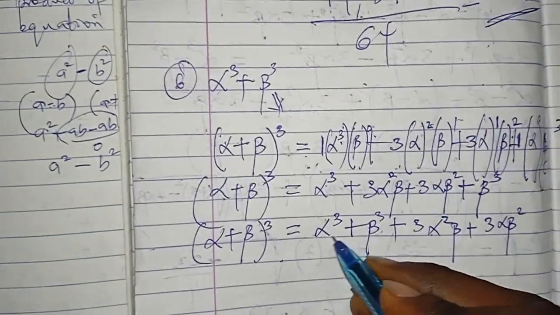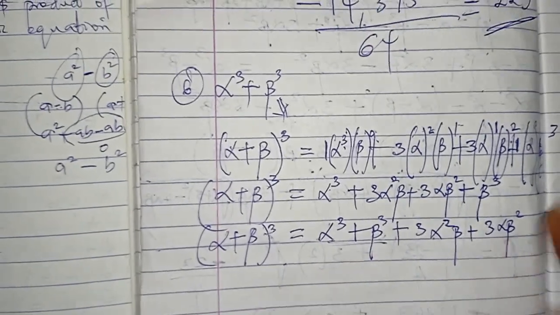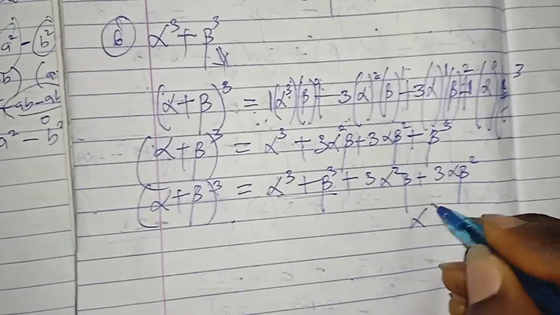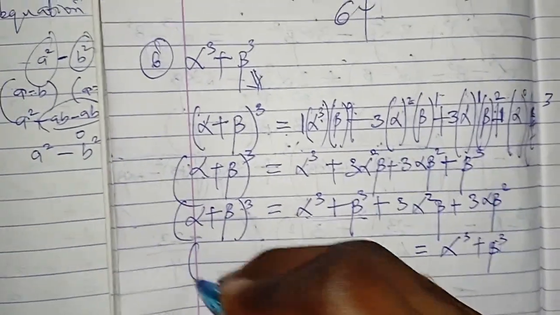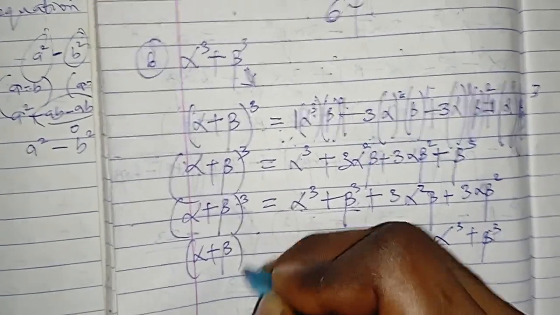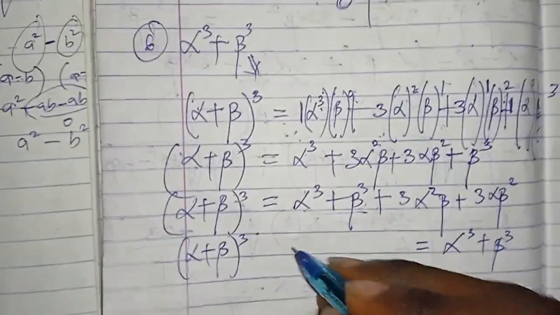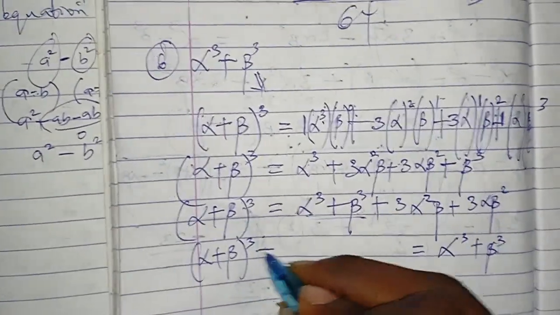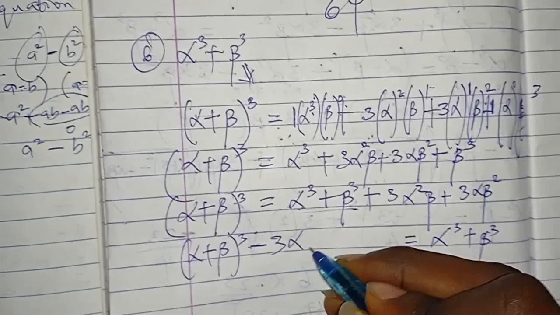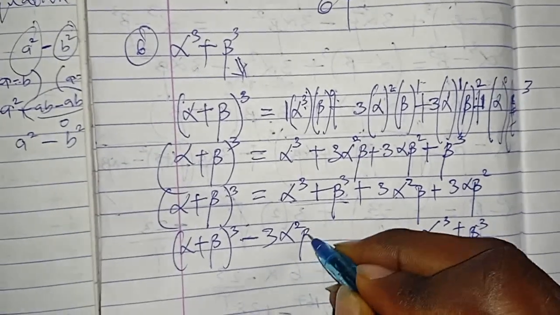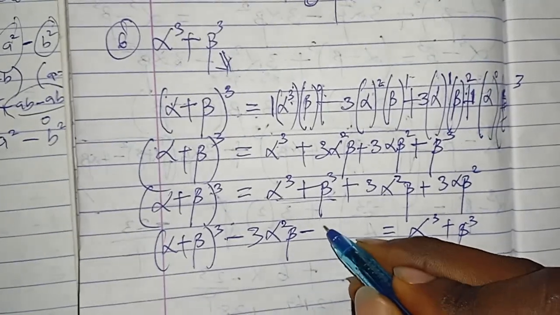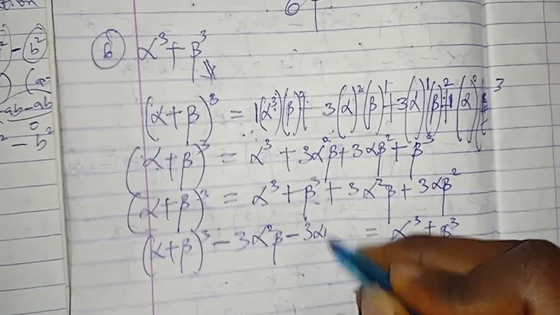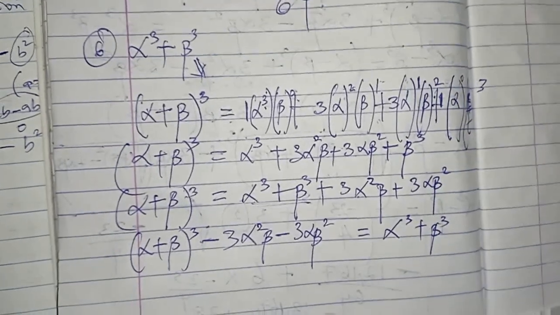So making alpha cubed plus beta cubed the subject of the formula, we now have alpha cubed plus beta cubed equals alpha plus beta all cubed, this one crossing over minus 3 alpha squared beta, crossing over minus 3 alpha beta squared.